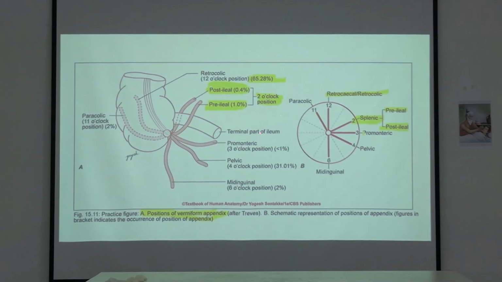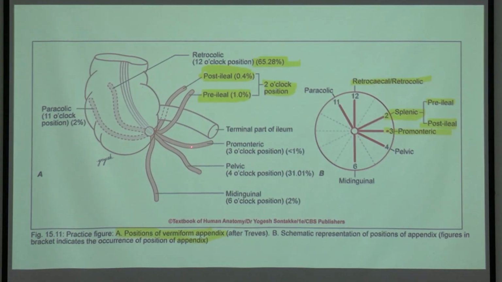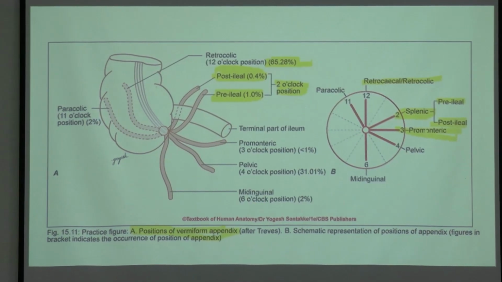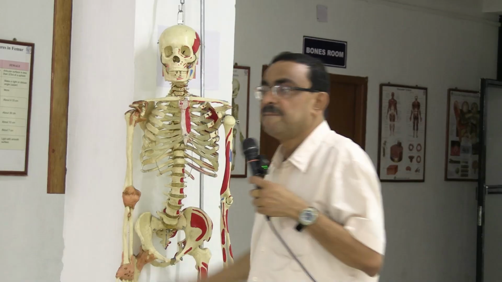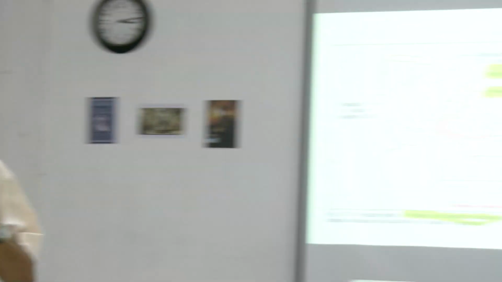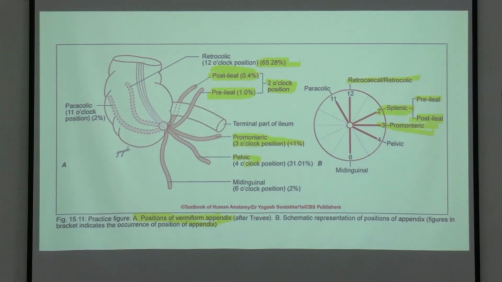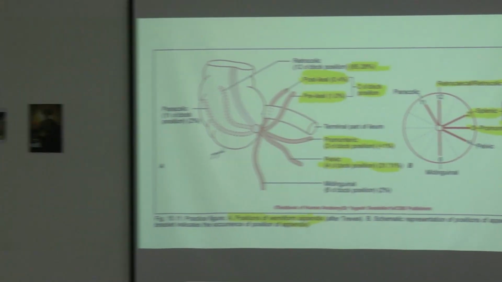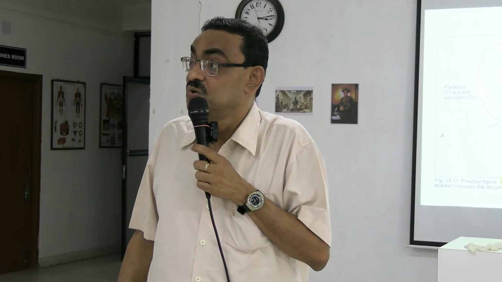The next position is horizontal, or towards the 3 o'clock position, or towards the sacral promontory. Another position is directed towards the pelvis, which is called pelvic type or 4 o'clock position. This pelvic type of appendix, if there is appendicitis, may mimic salpingitis or oophoritis.